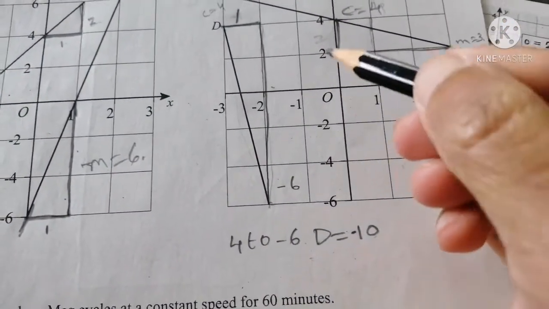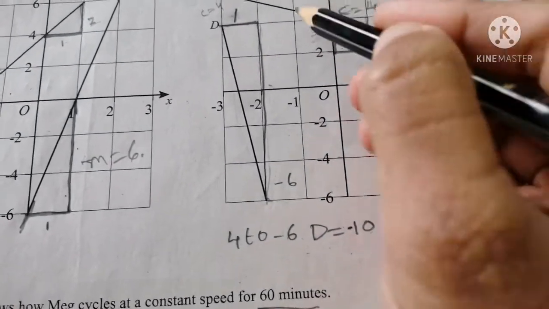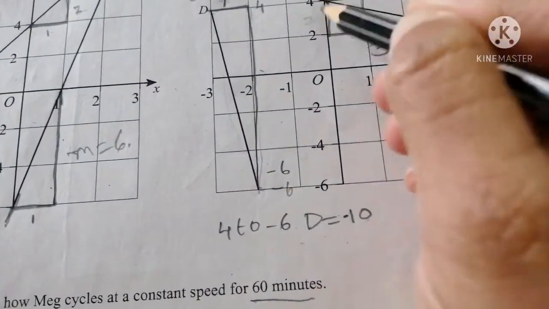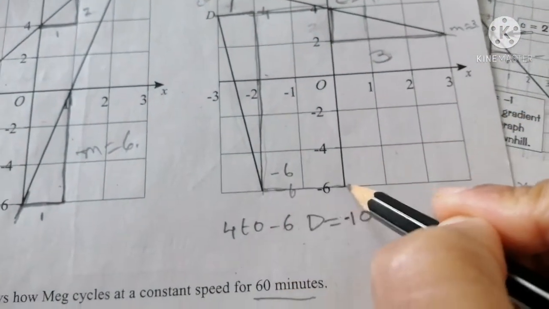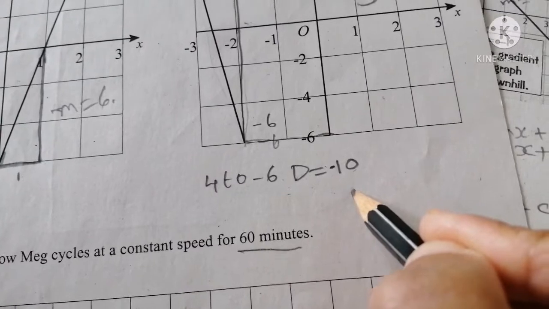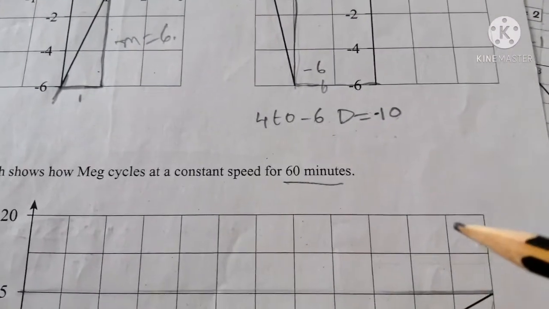So it could be 4 to minus 6, d equal to minus 10, because it is 4 to minus 6. If you see, this line is 4, this is minus 6. So 4 to minus 6 means d value will be minus 10. It must be minus 10.